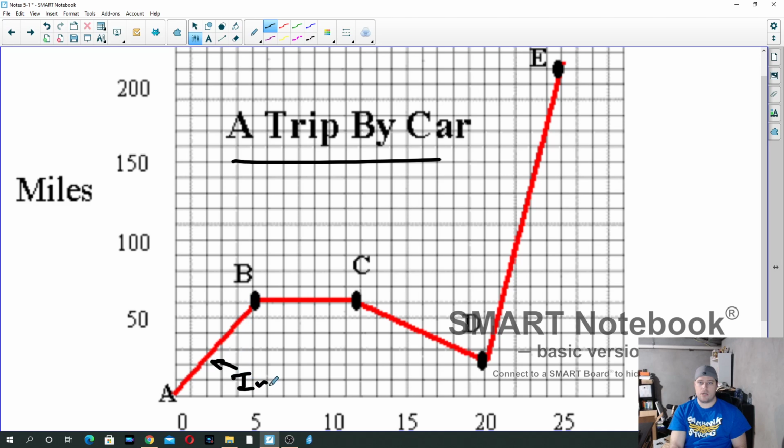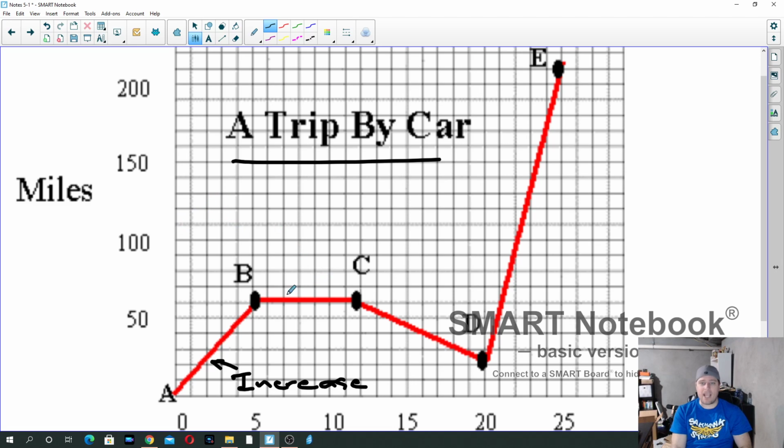This is an increase. It's something happening. This is where it's increasing, it's going up. It's movement for the most part. Every single one of these is some sort of movement somewhere, whether it's in time or in the miles traveled.